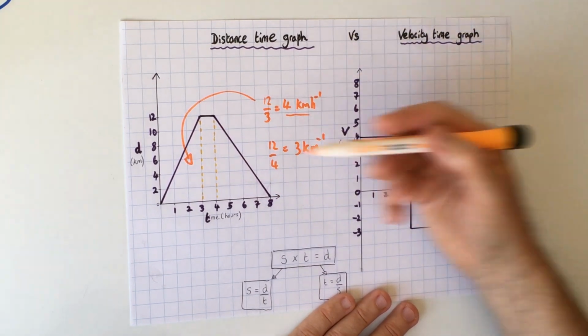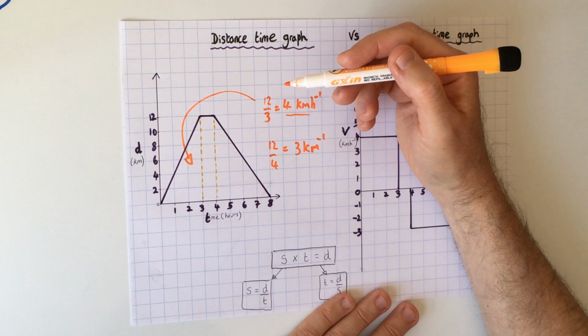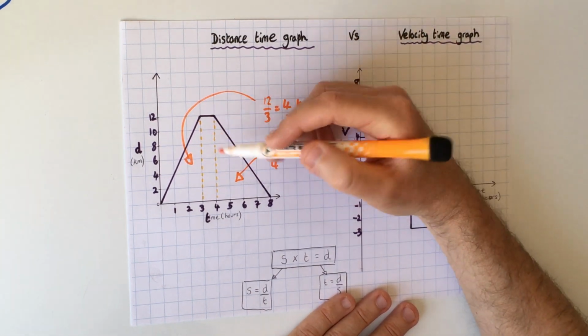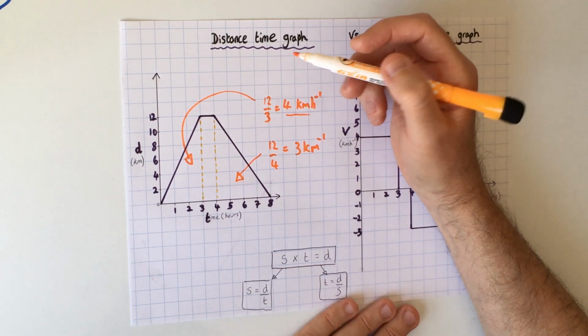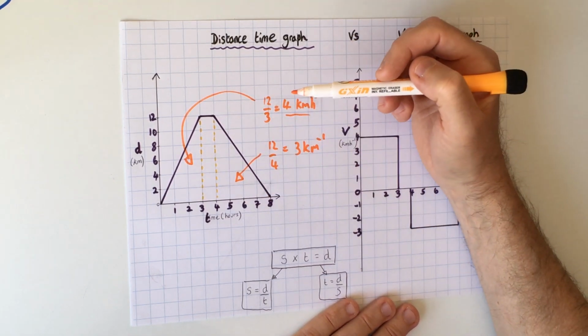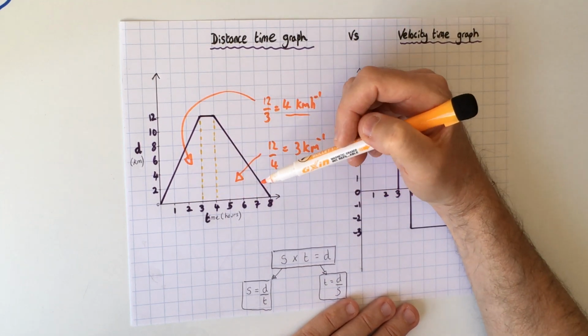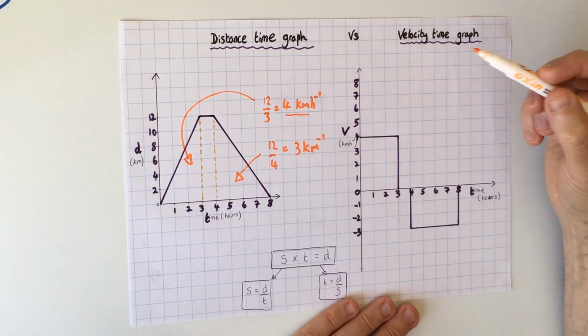It's a negative velocity, so it's going back the other way. Okay, and that's this section here, and they've travelled 12 kilometers, and that's, you know, GCSE level. And those ones describing those little journeys like that are in the book in exercise 9A.